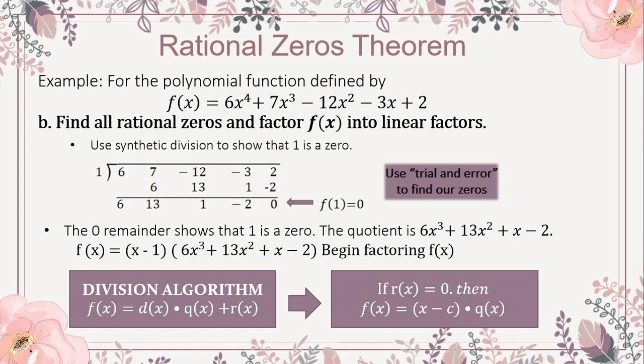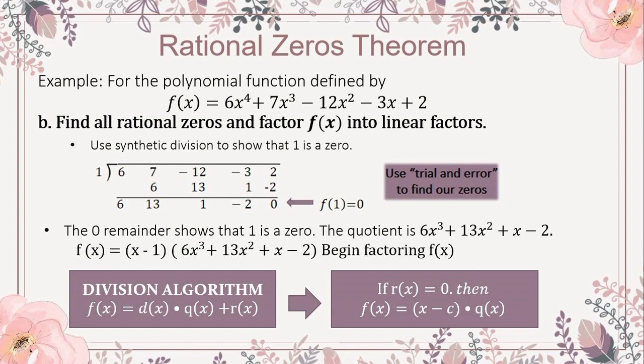So our divisor is 1, and our coefficients, from our polynomial function, are 6, 7, negative 12, negative 3, and 2. Then copy the 6 and multiply by the divisor. 6 times 1 is equal to 6. So we write the 6 under the next coefficient, which is 7.